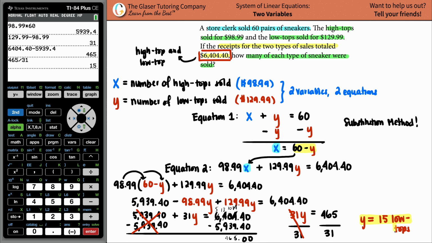Okay. So we got 15 low tops. And now you can just solve for the number of high tops, right? We know that the formula for x was 60 minus y. So we could just do 60 minus 15, and that is 45. So x equals 45 high tops.